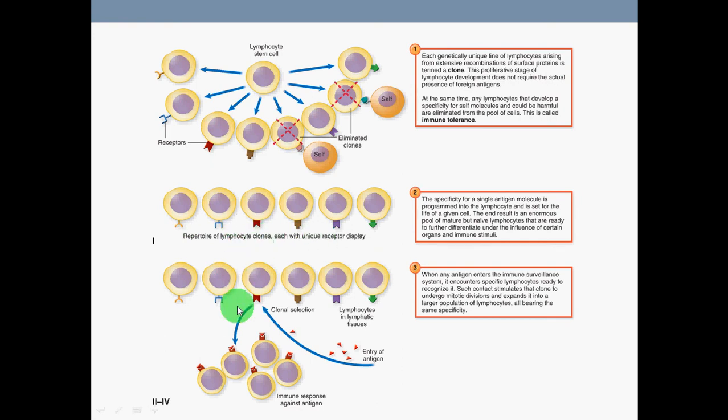So for example, this one right here has a receptor that is able to bind to this specific antigen. So that means this particular one is important for the immune response. So this one is chosen for clonal expansion, meaning this one is chosen to copy itself and make lots and lots of these same types of cells. So that way these cells are available and ready for an immune response.